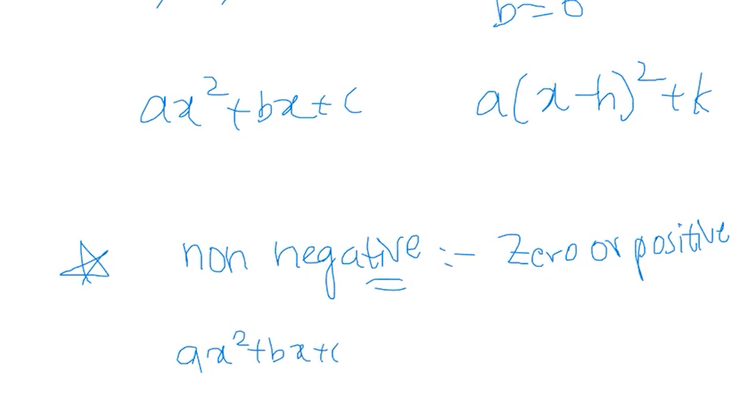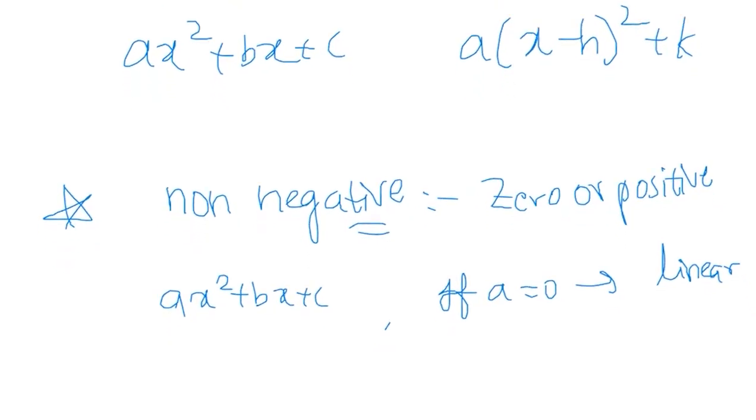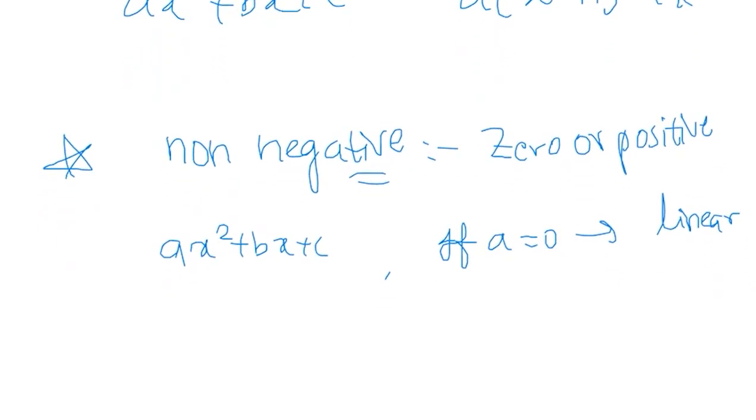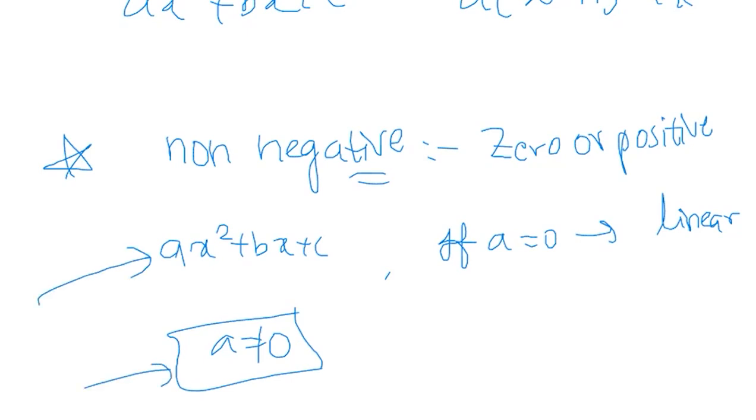In ax square plus bx plus c, if a is equal to 0, then it's just a linear line. So the chapter name is what? Quadratic, right? So it's only positive. If it's positive, it's upward. So you automatically impose a restriction that a is not equal to 0. So this is a quadratic when a is not equal to 0.